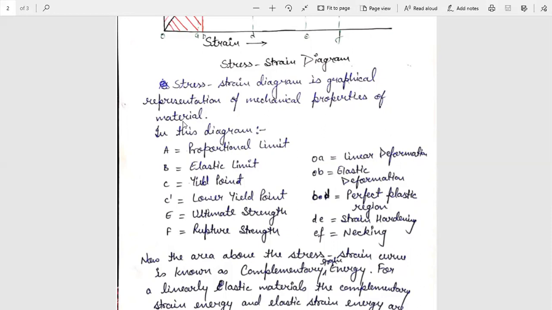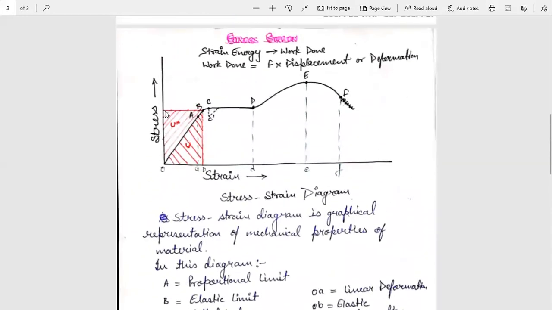yielding takes place and point C is the point of sudden large extension known as the yield point.